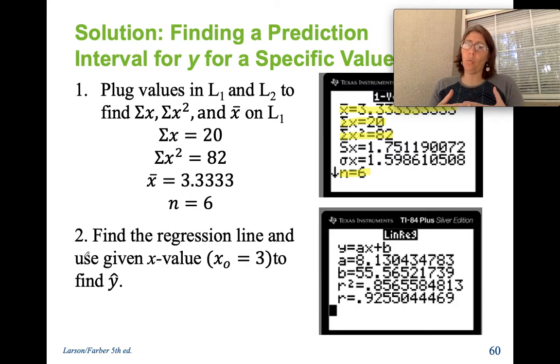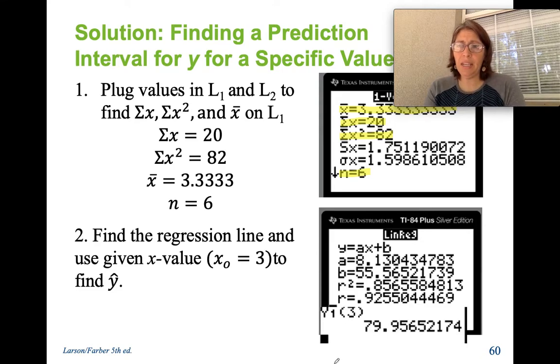In this case, we wanted a prediction value for 3 years. The copy machine is 3 years old, so we want to find the prediction interval for 3 years. So you find your regression line and you store it into Y1, and this is what you'll see on your calculator.